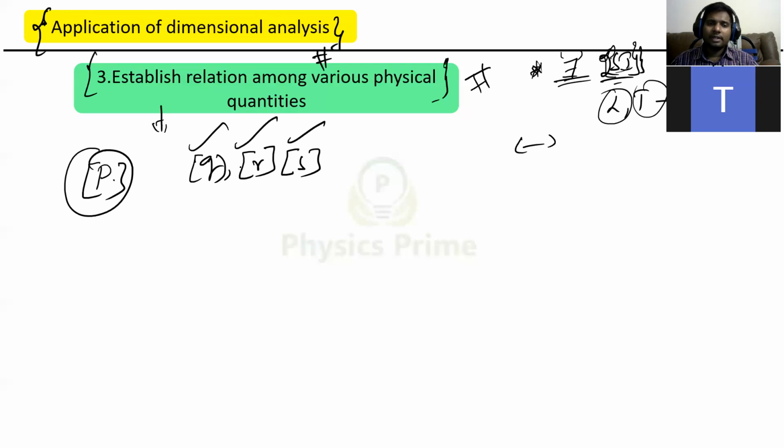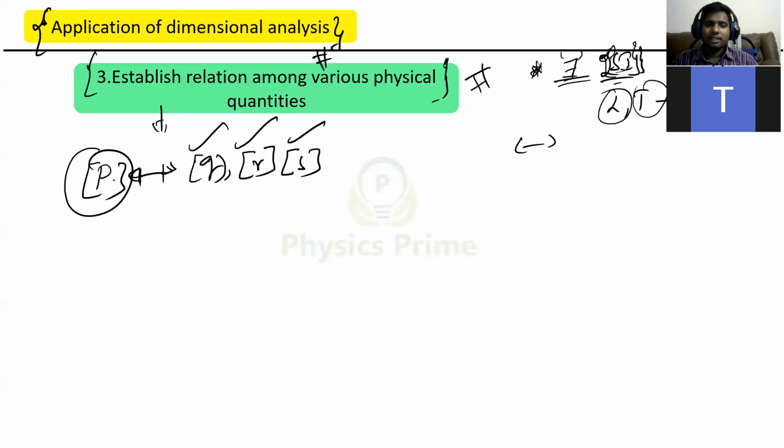But do you know how it will depend? No. They will say, what is the formula for P? You will not get the exact formula because, as I told you, any numerical constant can be present, which you don't know by dimensional analysis. You remember?